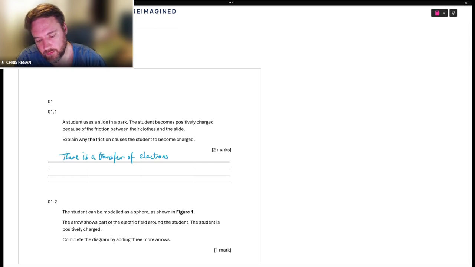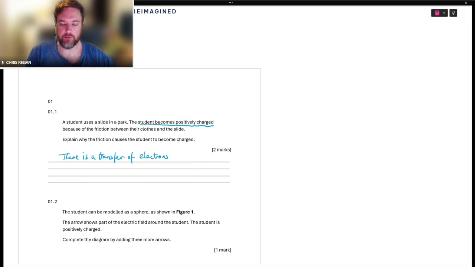Now we just need to say the direction. So the student, it says here, becomes positively charged. So that means the student must have lost electrons. Electrons are negatively charged, so if you lose electrons, you become more positively charged.